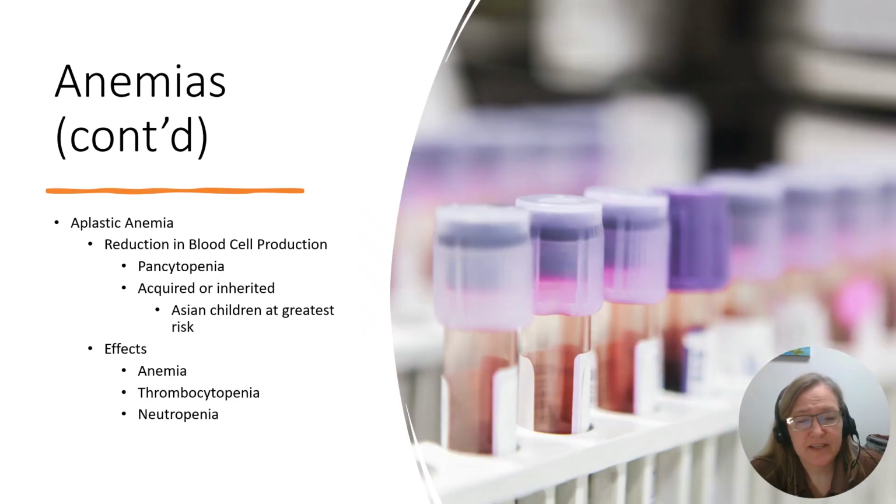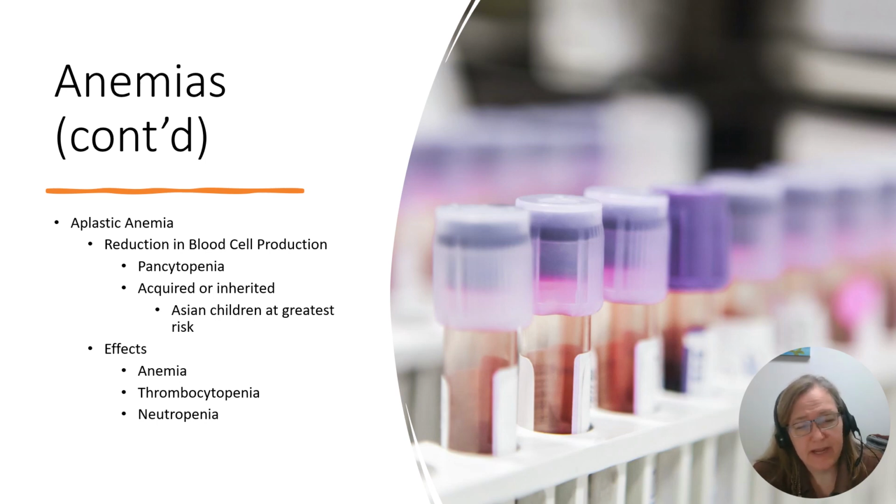So aplastic anemia can be referring to a non-genetic disorder that can be seen in the general population. Anybody can have aplastic anemia. So if you see that in a patient, it just refers to misshapen red blood cells or a reduction in red blood cell production.